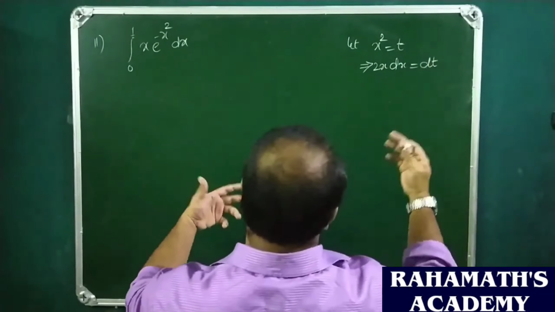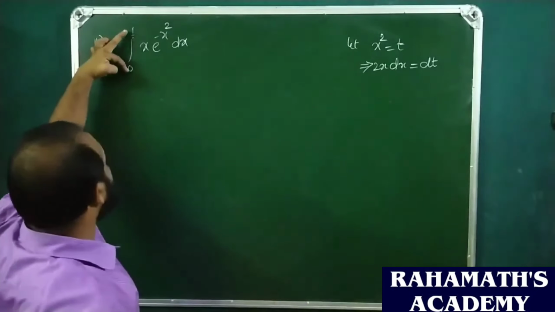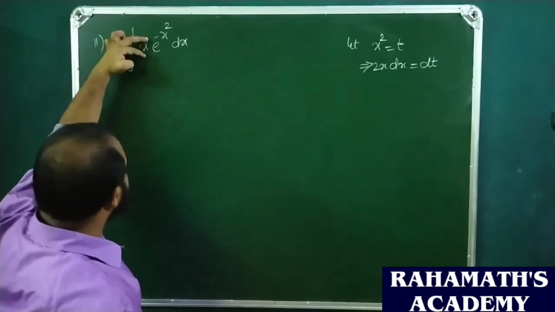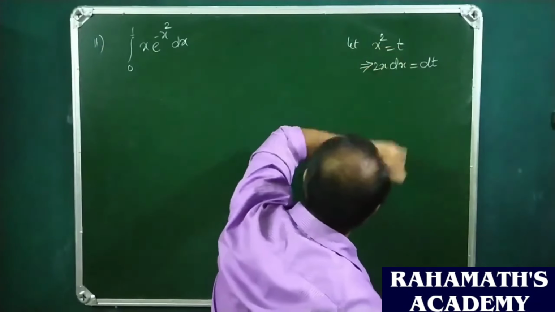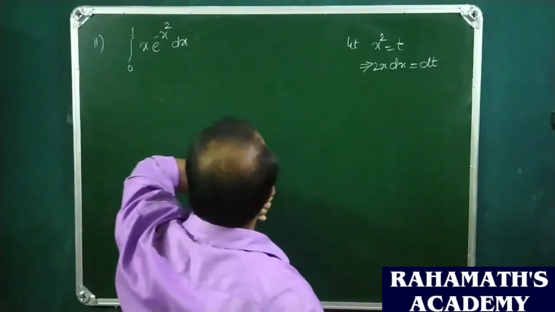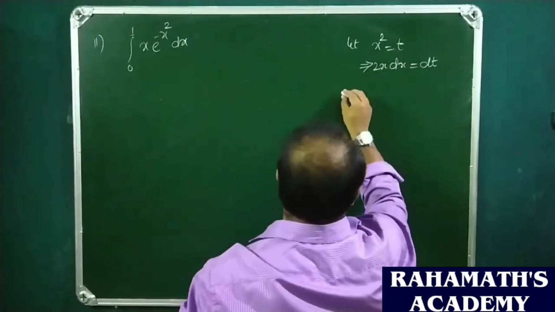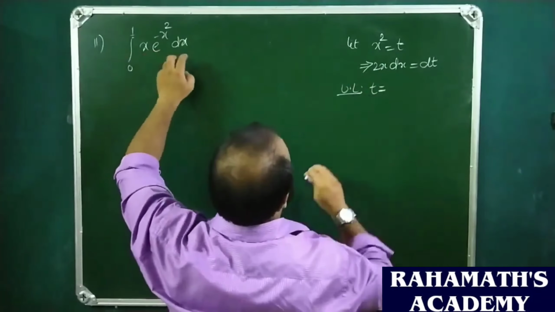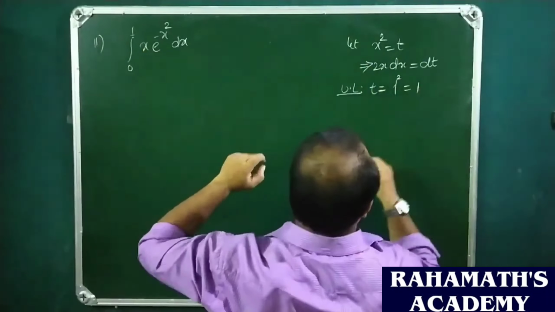Whenever we are going for the substitution method, 0 to 1 are the values of the variable of integration x. This x we are trying to change in terms of t. Therefore, we need to find the values for t as well. Upper limit: t equals x square, so 1 square, which is 1.